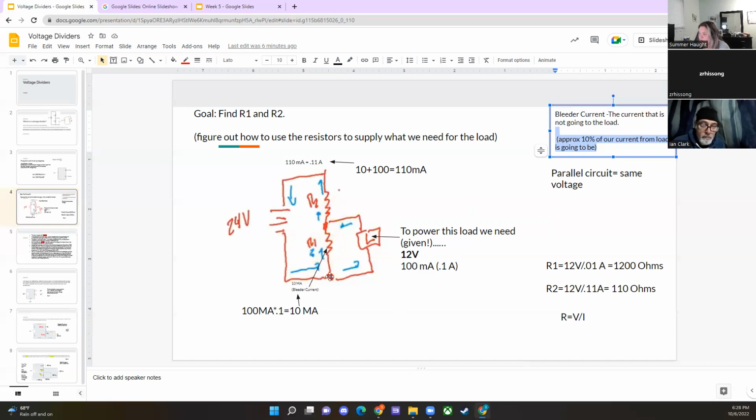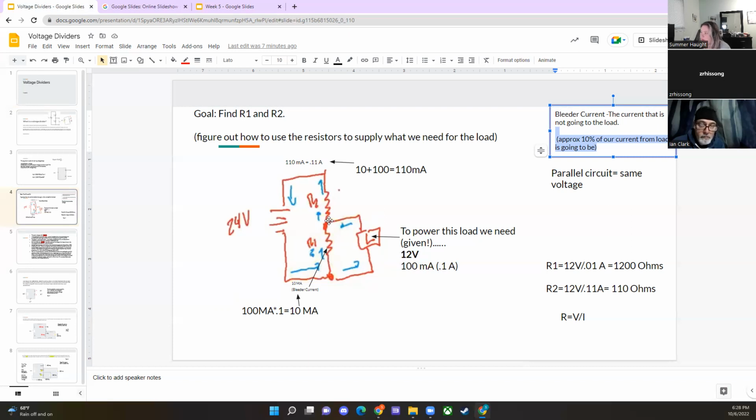At this first node, we calculated that 10 goes here, 100 goes here, and then they meet back up to form 110. All of that makes sense because we had 110 going in here, 10% of it is going here, and the other majority of it is hitting that load.